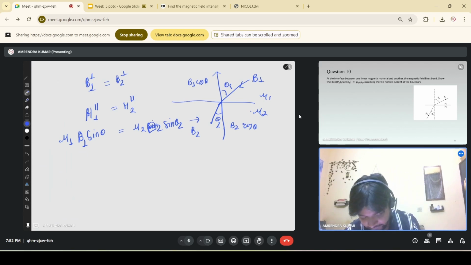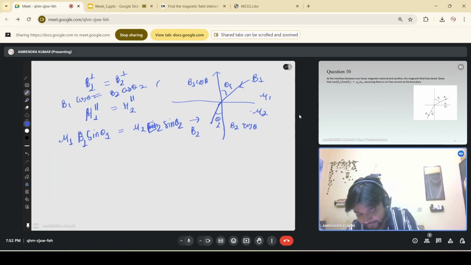Now we have to prove that tan theta 2 over tan theta 1 is mu 2 over mu 1. Because B1 perpendicular was B1 cos theta 1, B1 cos theta 1 is equal to B2 cos theta 2.